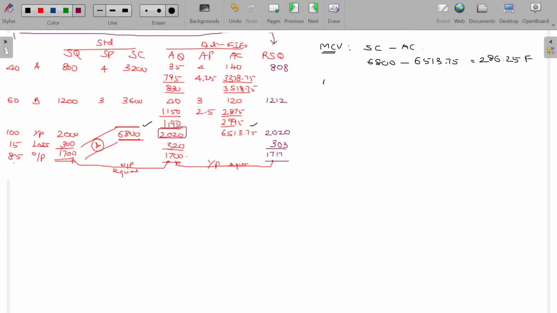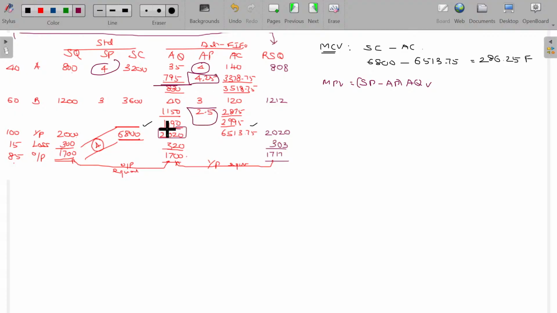Then material price variance, standard price minus actual price into actual quantity. Only the differences alone will be taken. Okay, we have been given two actual prices, 4 and 4.25 for A, 3 and 2.5 for B. And this is also 4, not a reason for the differences, only this part is the differences.